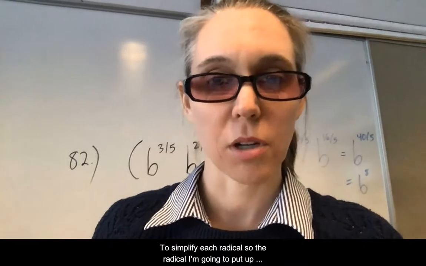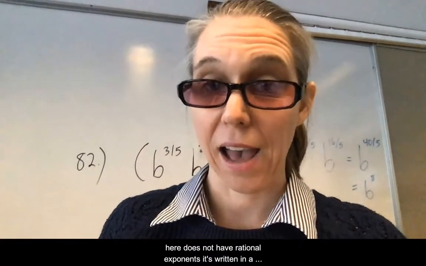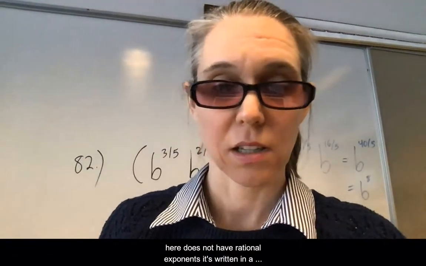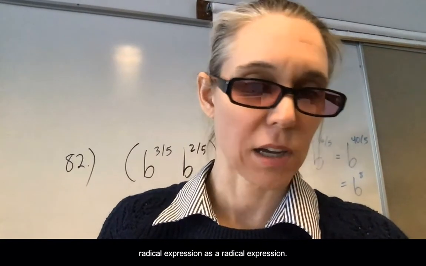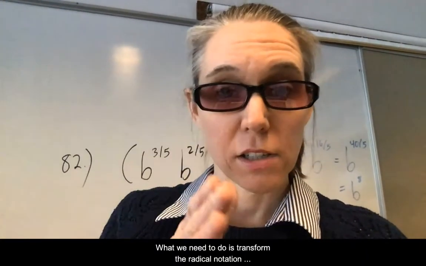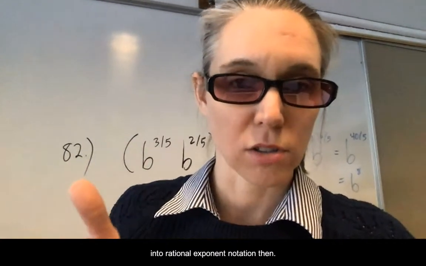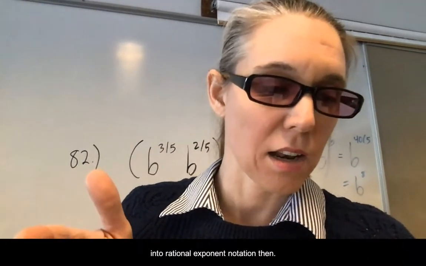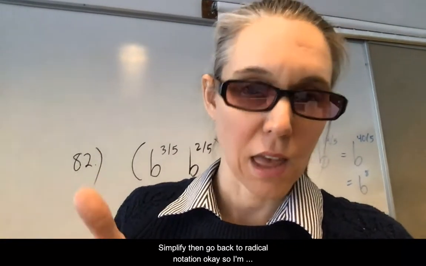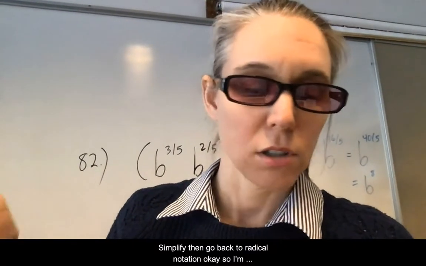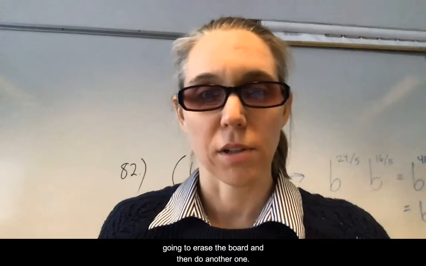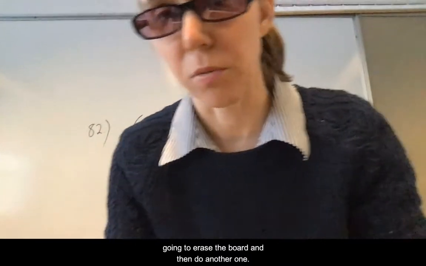So the radical I'm going to put up here does not have rational exponents. It's written as a radical expression. What we need to do is transform the radical notation into rational exponent notation, then simplify, then go back to radical notation, okay? So I'm going to erase the board and then do number 104.